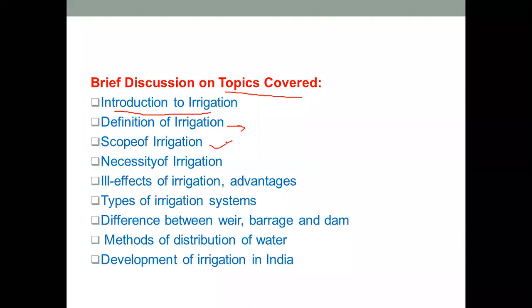Then we have to transport that water, whether through canals, that is open channels, or through pipes. So that is the scope of the irrigation engineering aspect.